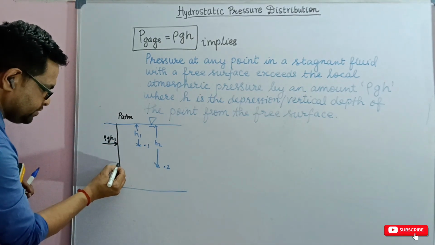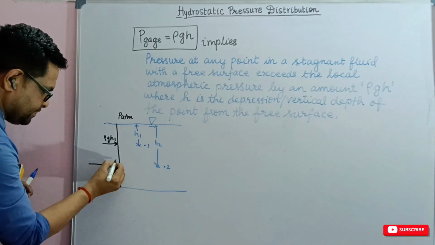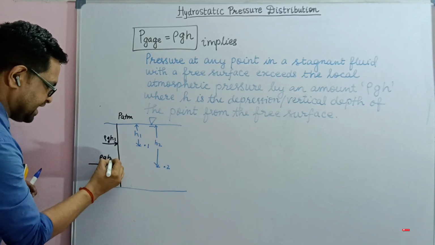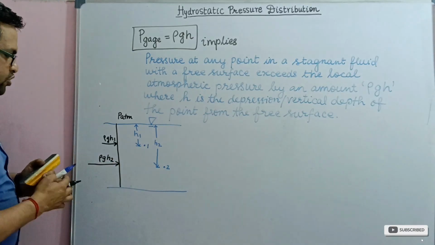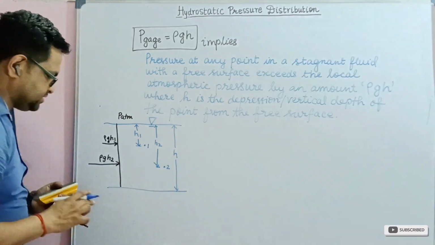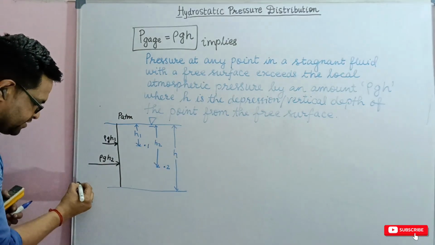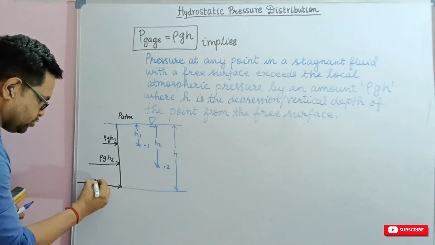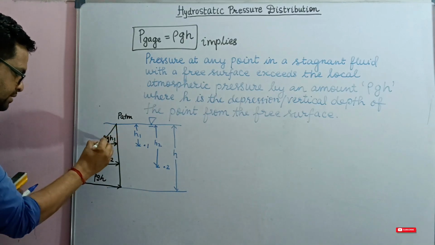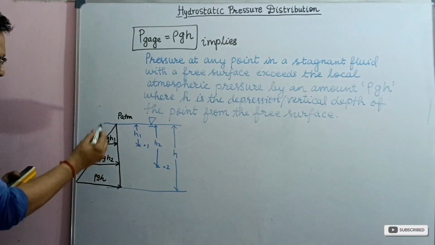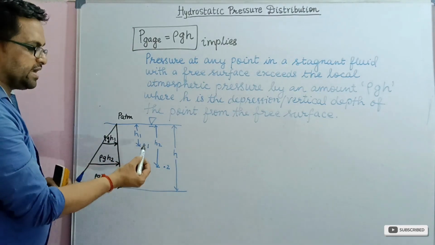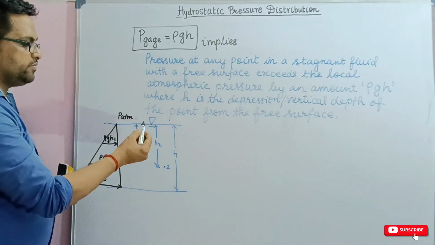Similarly, at point 2, which is at a depth below point 1, we will have rho g h2. And if the overall depth of the fluid is h, at the bottom surface there will be a gauge pressure equal to rho g h. So here we get a pressure triangle, and this represents the gauge pressure at various points in the vertical depth or depression of the fluid from the free surface.